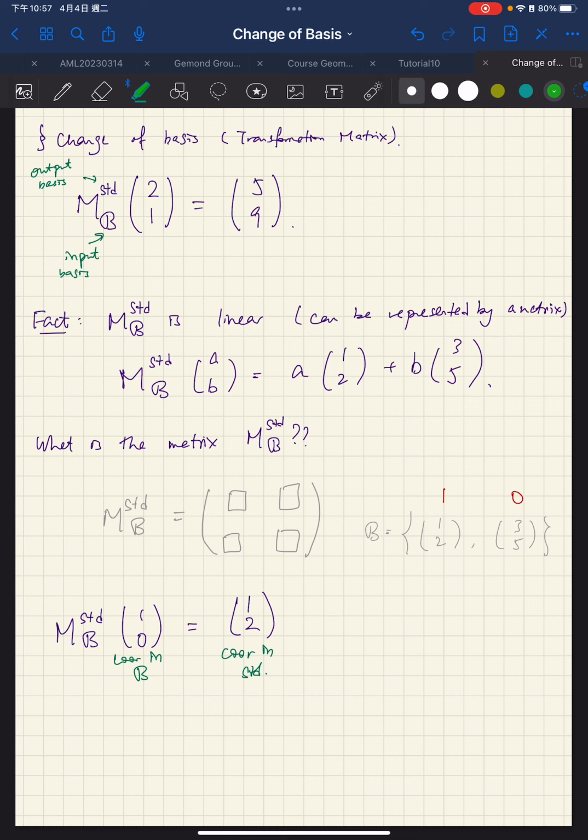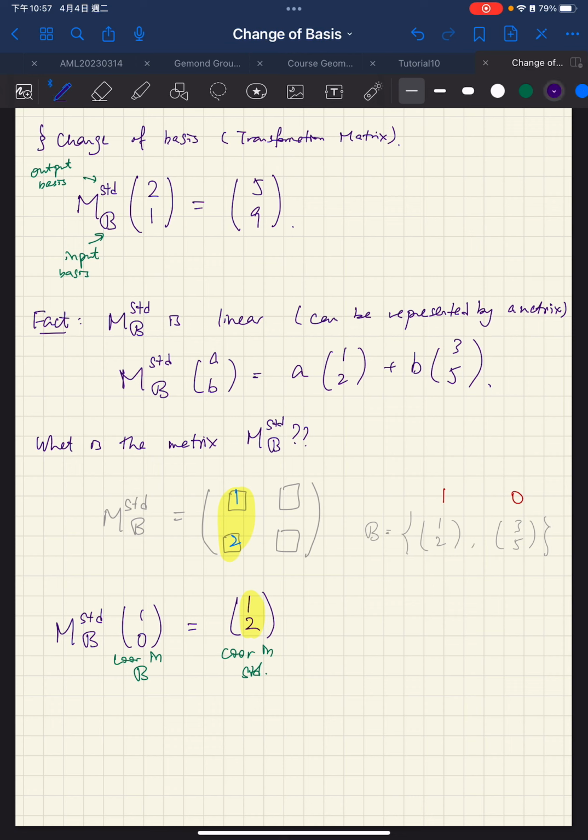Because the output is given by the multiplication from here, but this is 0, so this is useless, and that's what this is actually. So it's actually this 1, 2.